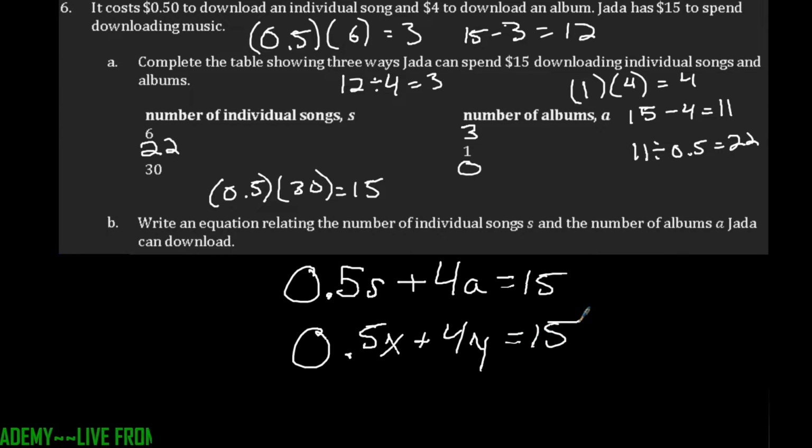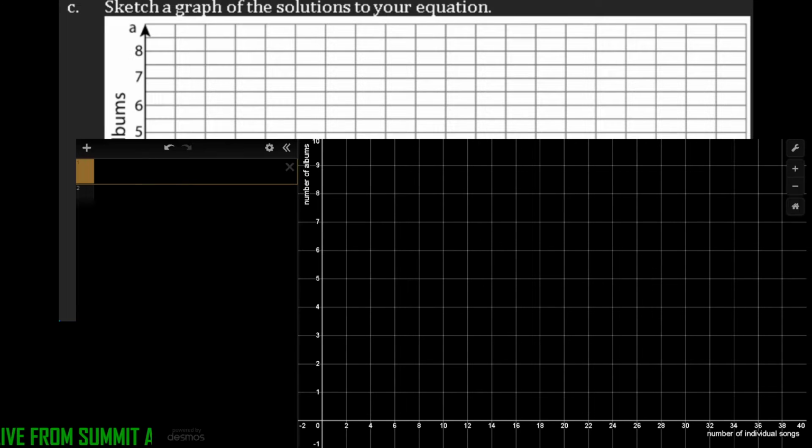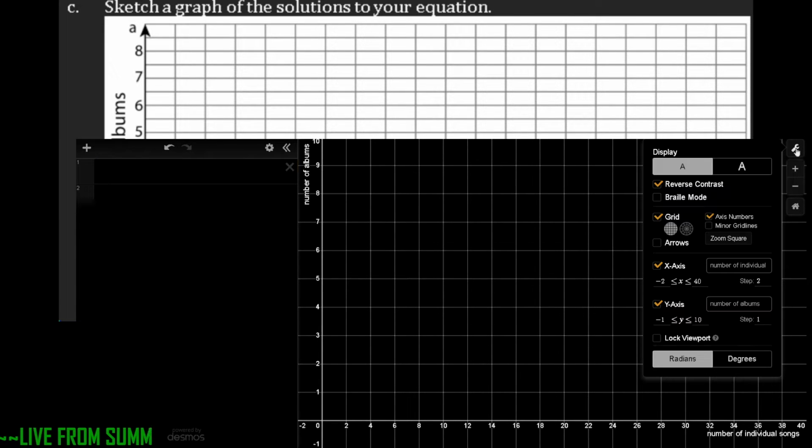For the next part, it says to sketch the graph of the solutions to your equation. And so, again, we can always go to that wonderful Desmos calculator. And so we can graph it like this. Notice how I already have my window set up so that my x-axis is the number of individual songs, and my y-axis is the number of albums.